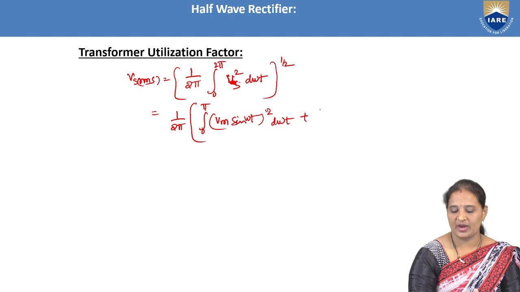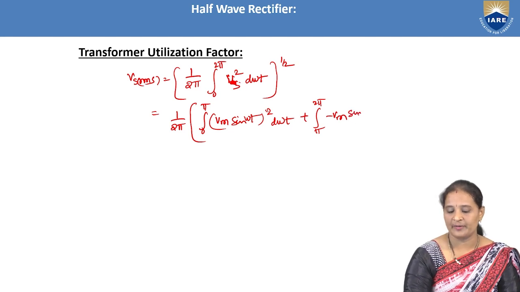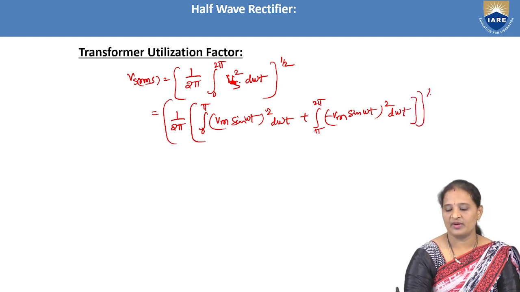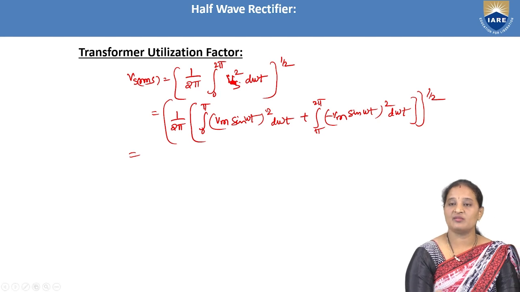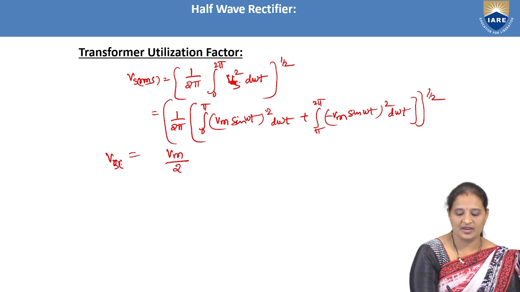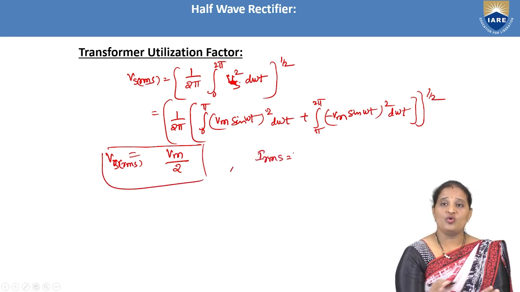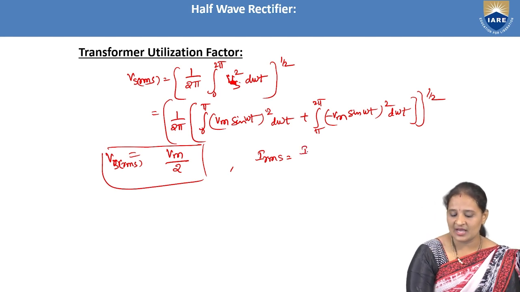This is for 0 to pi, and for pi to 2 pi, minus, because we have the negative half cycle, Vm sine omega t whole square d omega t, to the power of 1 by 2. So here this again becomes positive. If you find out the value of this one, you will be getting this Vs RMS value as Vm by root 2.